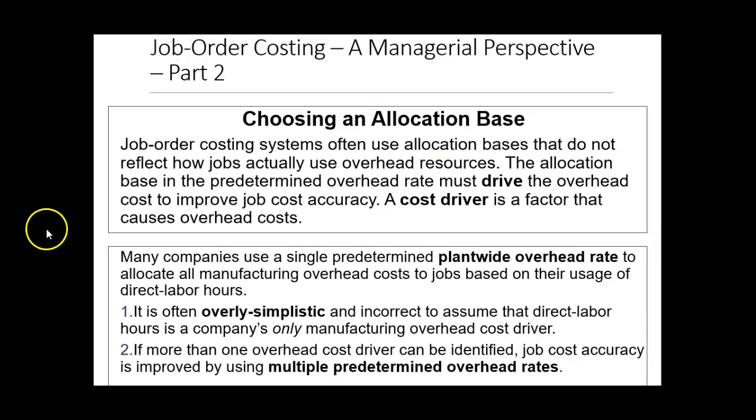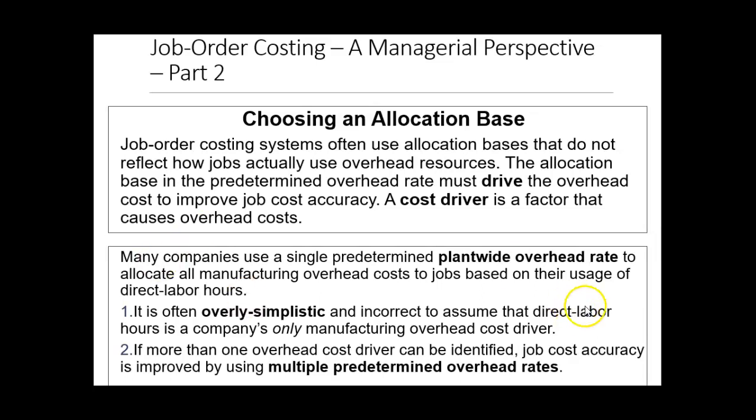For some companies, they use what's called a plant-wide overhead rate. They may say we're going to assign overhead costs based upon direct labor hours. Okay? Sometimes that is too simplistic, and it will cause them to assign an incorrect amount of overhead to each job.